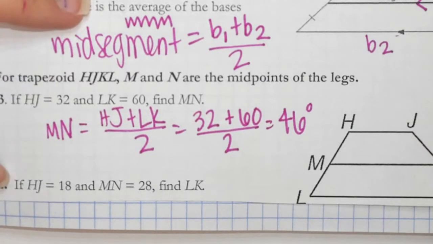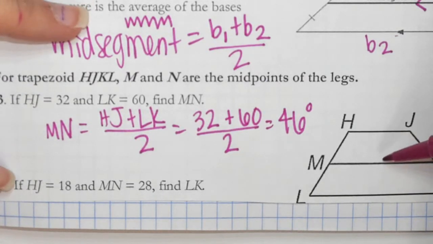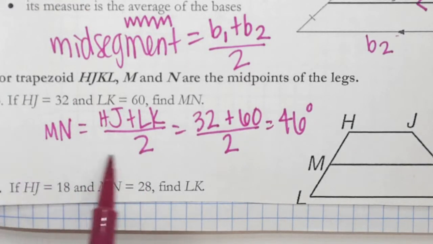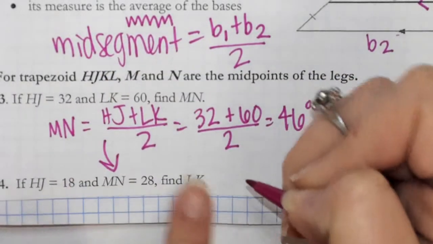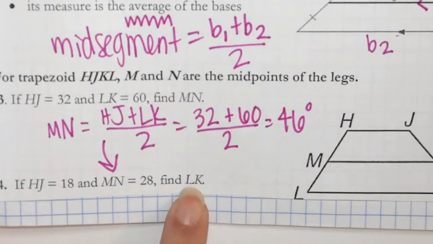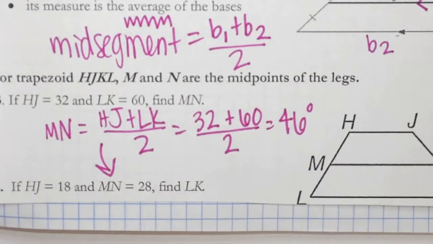Let's look at number 4. This says that HJ is 18 and MN is 28, and we need to find our base. Now, can we use our formula to find that? We can use this same formula to find LK. If we don't know what LK is, what are we going to call it? X. Now, what does MN equal? 28.